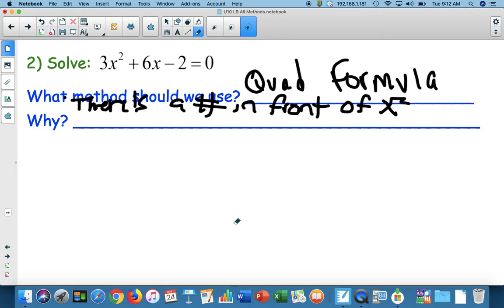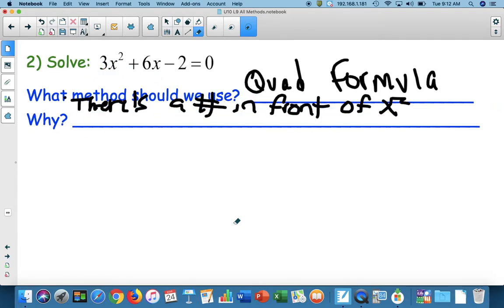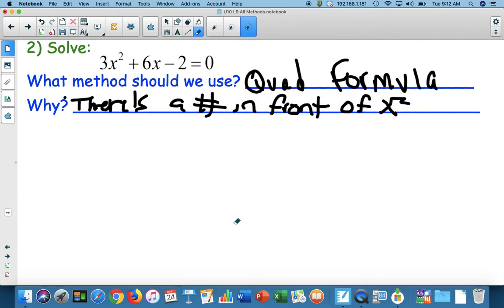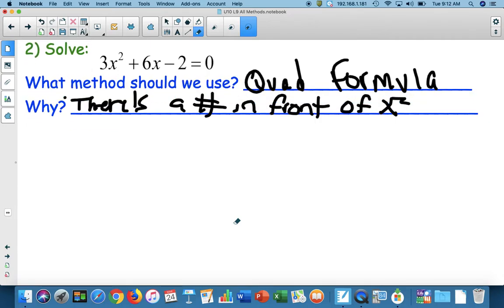All right, so why are we doing this? Because there's a number in front of x squared. So that's where we're going to use the quadratic formula.